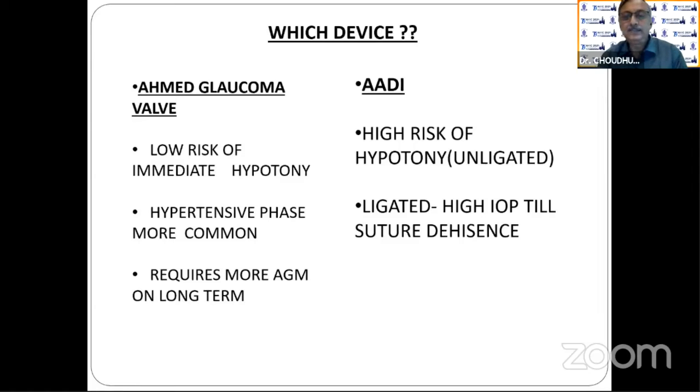During the ligated time, IOP is still high, high IOP till the suture dehiscence occurs. We use Vicryl in those types of cases, because Vicryl is the graded one. It loses its strength, so there's a loose stitch, and that was worse.